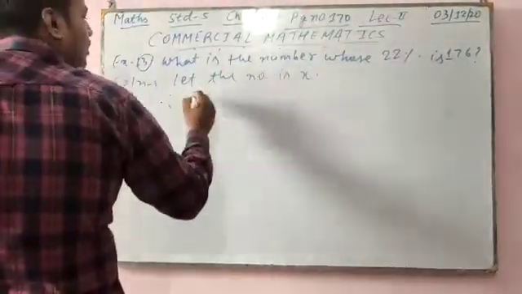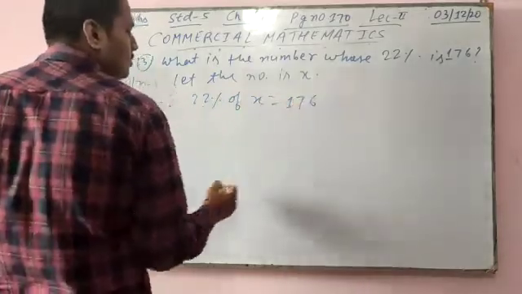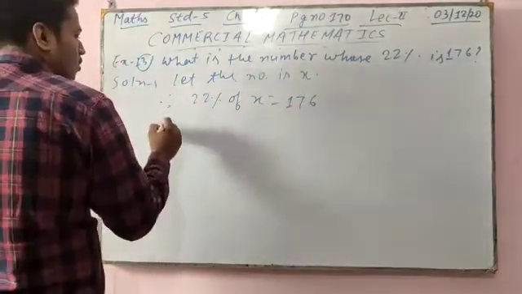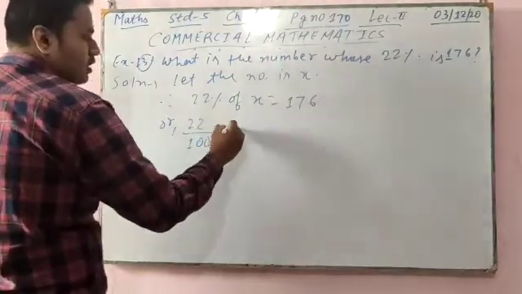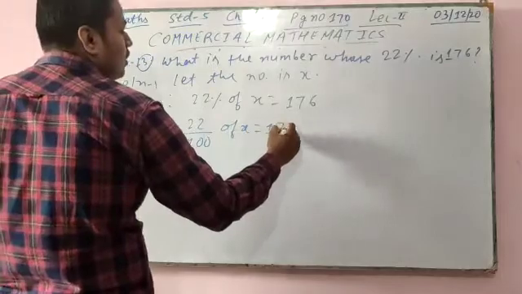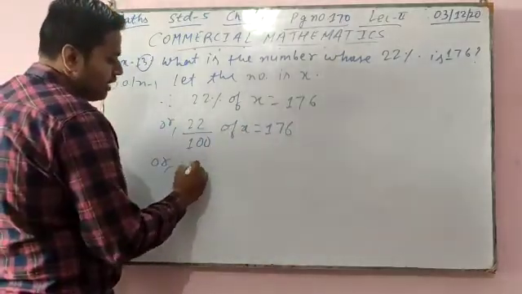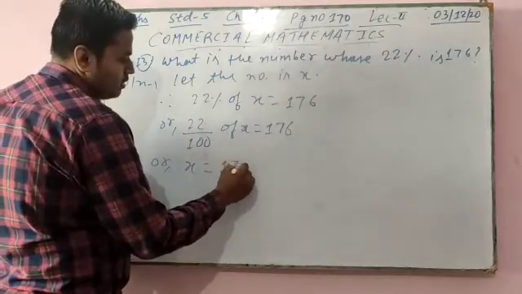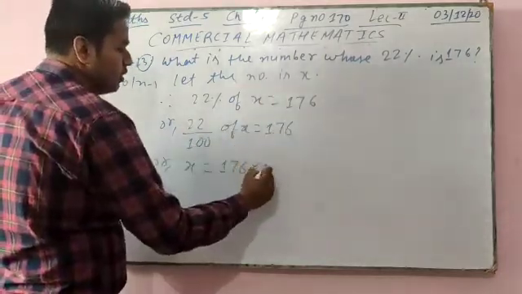Therefore, 22% of x is 176. Now the 22%, I can write as 22 by 100, same thing. Of x is equal to 176. We have to find x. This 100 is in divide, so when it goes to that side, it changes into multiply.